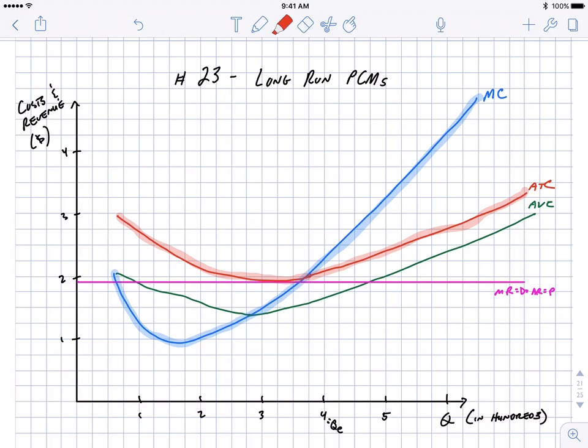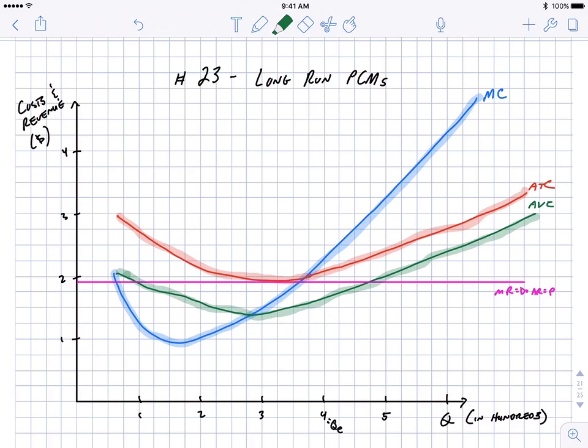And then the average variable cost curve is important also to examine when you look at long-run perfectly competitive marketplaces, though not necessarily essential in this case, but it's valuable to put on because it's valuable in the short run, so it's good to see here again as well. It starts rather far away from the average total cost curve here, but it gets closer and closer, but never touches.